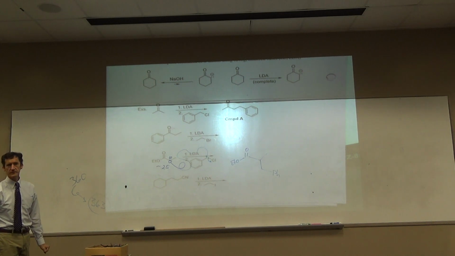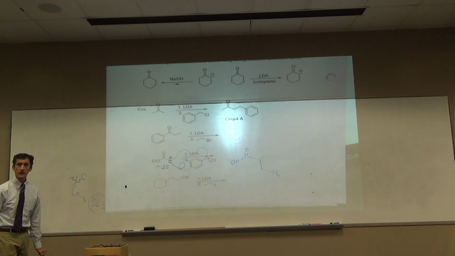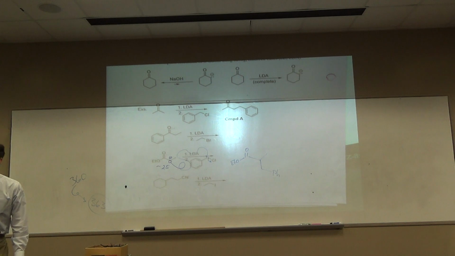Benzyl chloride again, very reactive electrophile. What have we done to our ester? The original ester, we alkylated it, right? We added an alkyl group. Yes, that's what we're doing. At what position? Alpha alkylation.